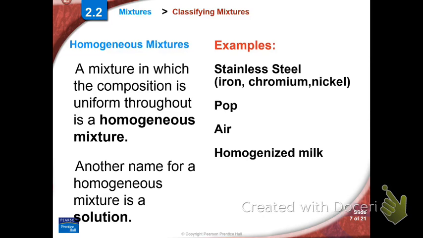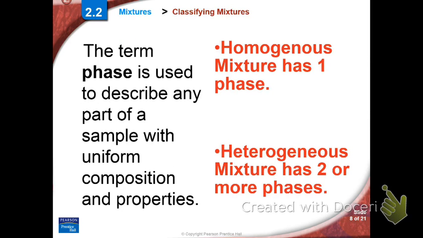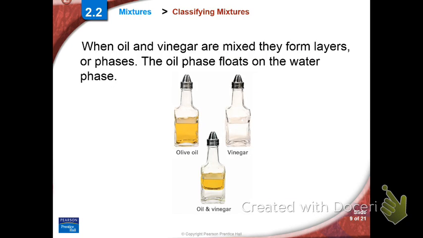The term phase is used to describe any part of a sample with uniform composition and properties. So our homogeneous mixtures have one phase, but a heterogeneous mixture is going to have two or more phases. Our example here is oil and vinegar when you go to make salad dressing.